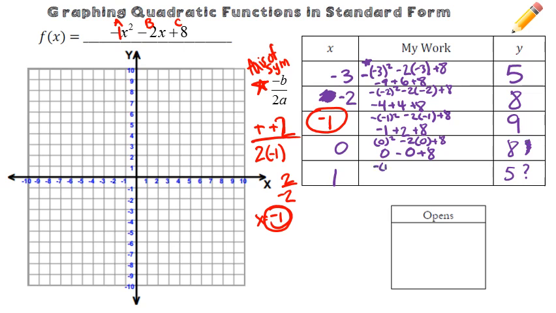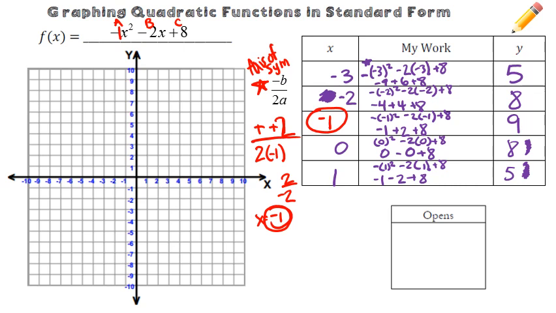I've got a negative, a 1 squared, minus 2 times 1, plus 8. 1 squared is 1 with the negative outside. Negative 1 minus 2 times positive 1 is negative 2, plus 8. Negative 1 minus 2 is negative 3. Negative 3 plus 8 does give me 5. So we're good to go there.